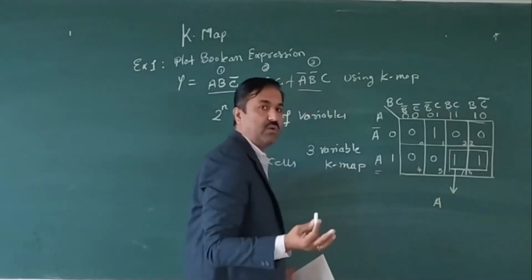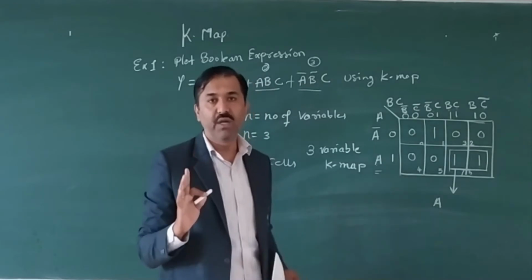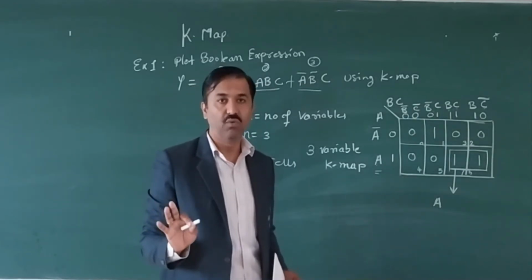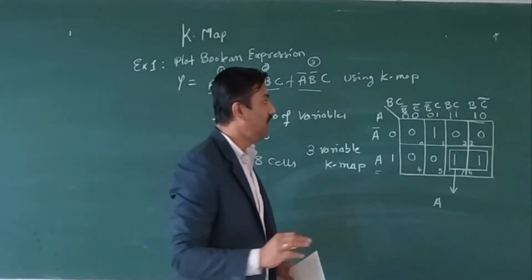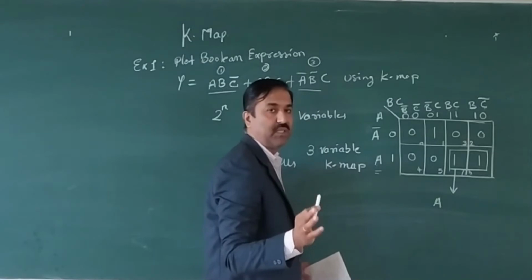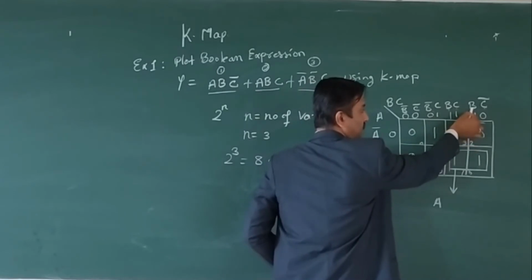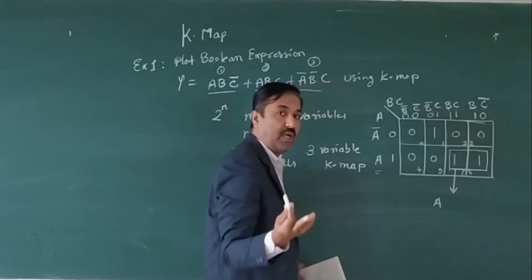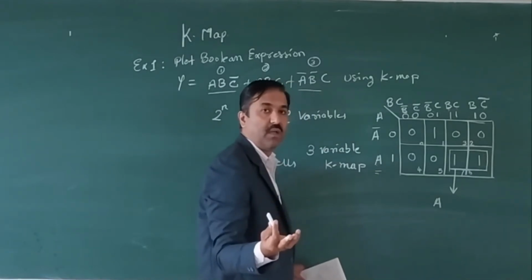As I have told you, a variable at a given point of time can hold only one value, either a 0 or a 1. It cannot hold both the values 0 and 1. So here you can see the constant variable present in both terms is B. Here B is in uncomplemented form, and here B is also uncomplemented. So find out which variable is constant or which is changing.